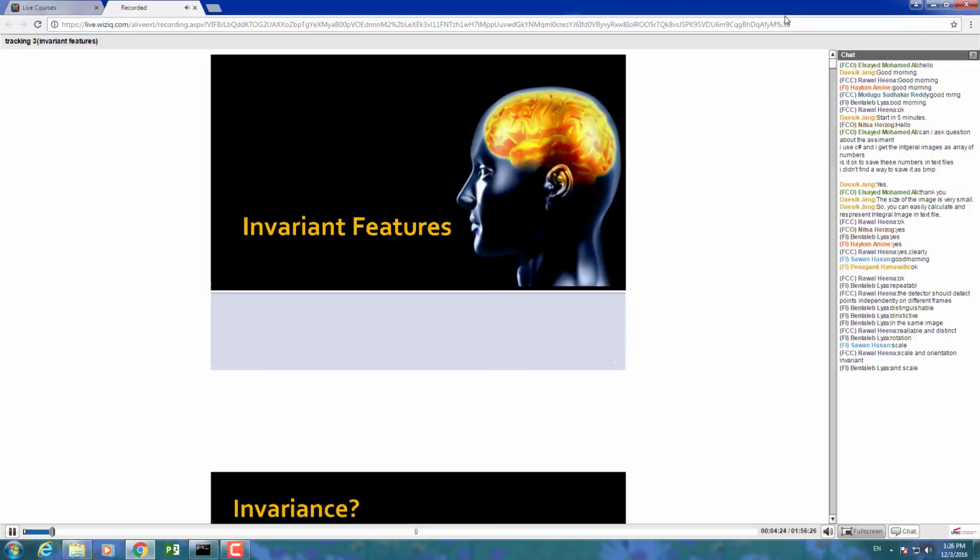And there is one more transformation. When we are talking about 2D image transformation, orientation is about rotation, and then scale and translation. But translation invariance is very straightforward and easy.